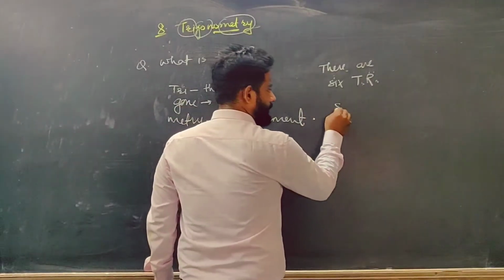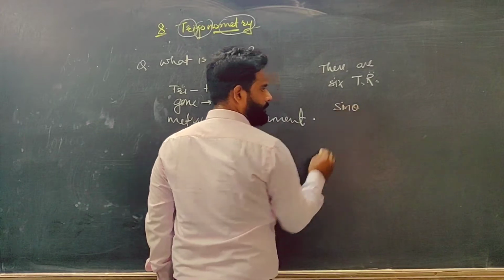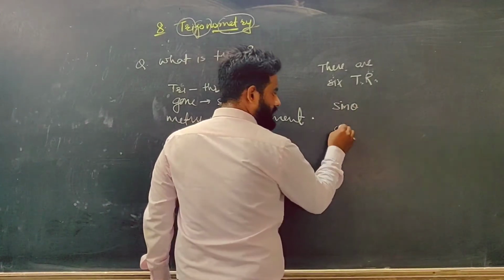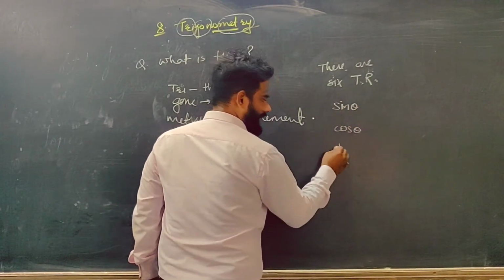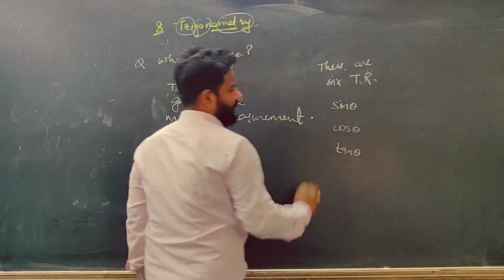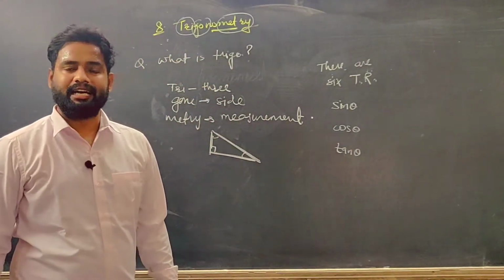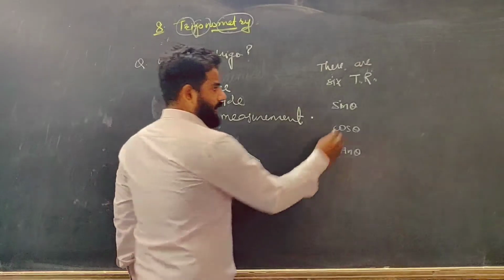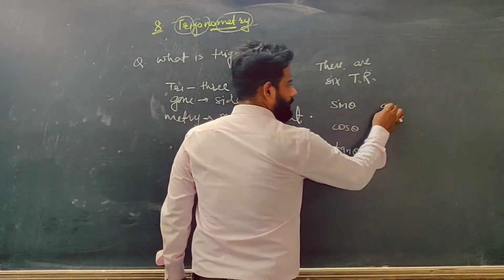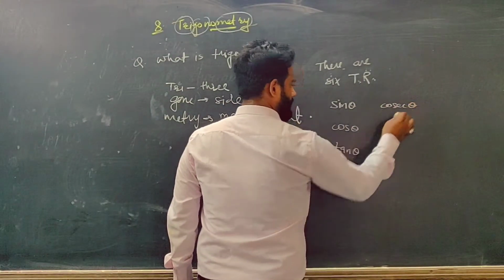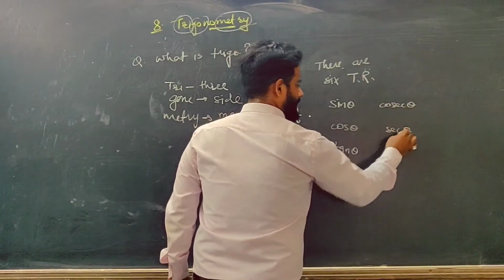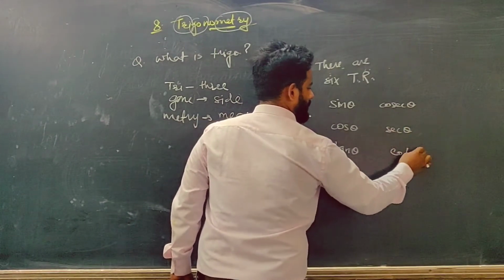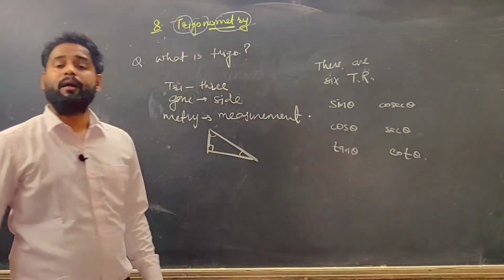The names are sin theta, cos theta, tan theta, and simultaneously you have to remember cosec theta, sec theta and cot theta. These are the 6 trigonometric ratios.